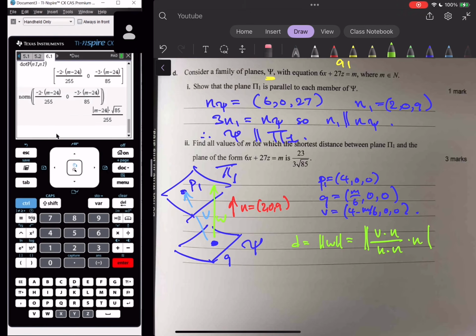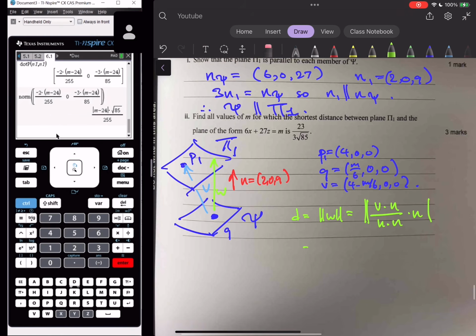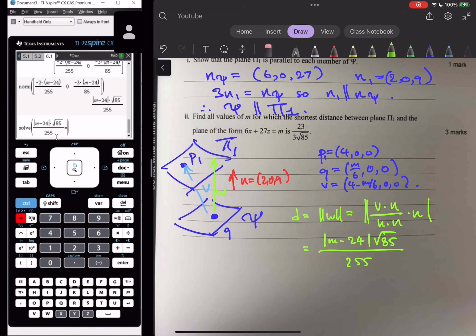We get m minus 24 root 85 over 255. So we have a square root of 85, things are looking good. So let us now solve when this distance is equal to 23 over 3 root 85 with respect to m.